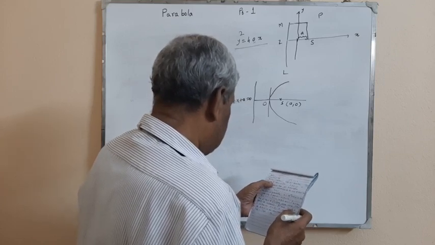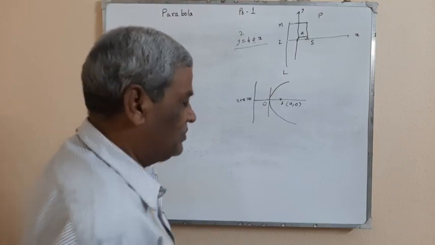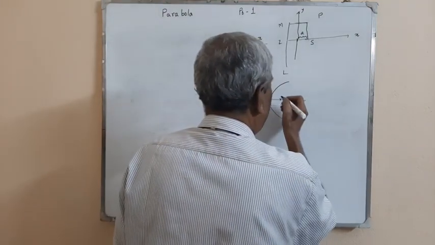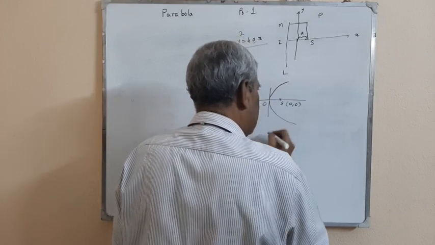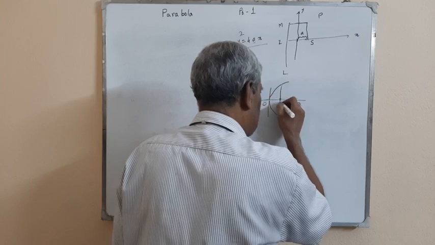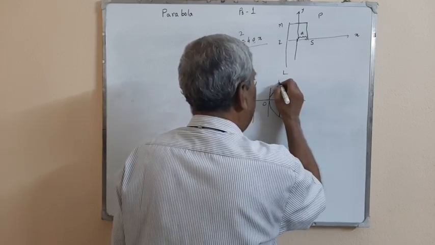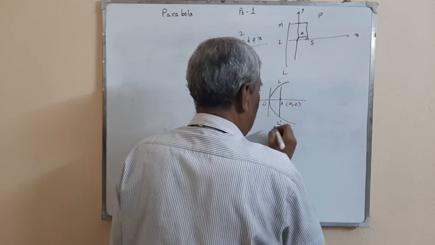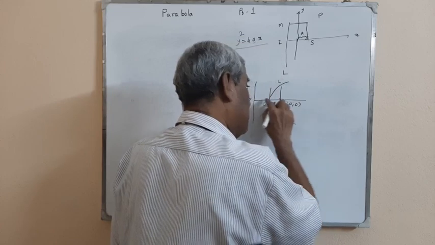And the length of latus rectum: it is a straight line passing through S, which suppose meets the parabola at the points L and L dash, perpendicular to the x-axis.